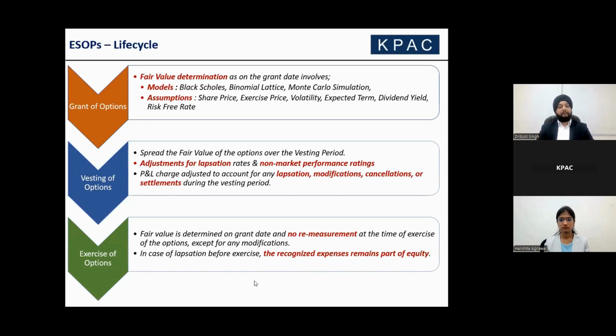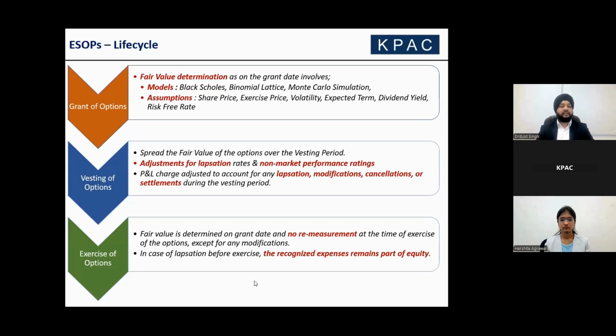Once employees have completed the vesting period and fulfilled all the conditions, they have the right to exercise the options. At this third stage, employees can finally purchase the shares at a predetermined exercise price.